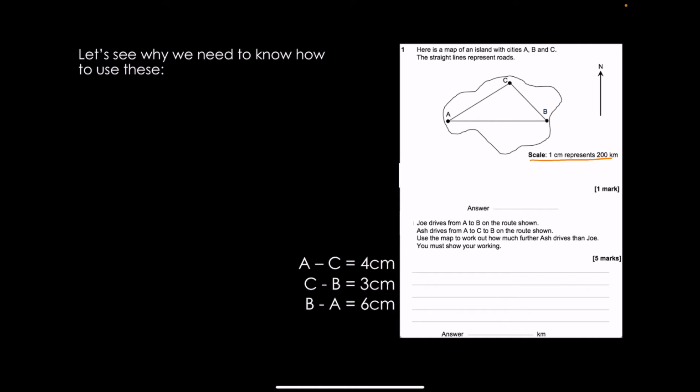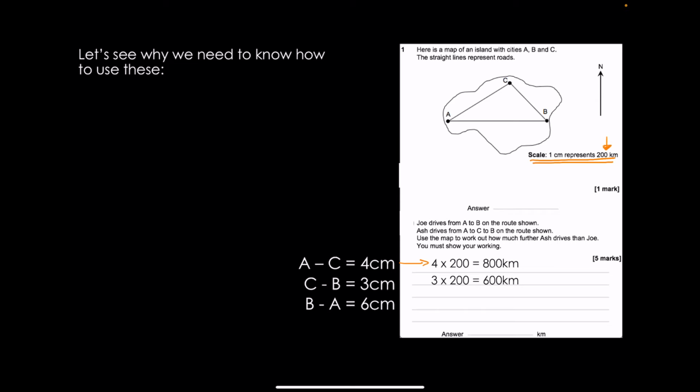I'm then going to use my scale to work out what they are in kilometres, because every 1 centimetre represents 200 kilometres. So, first of all, I need to do 4 times 200 because A to C measured 4 centimetres. So 4 lots of 200 kilometres is 800 kilometres.